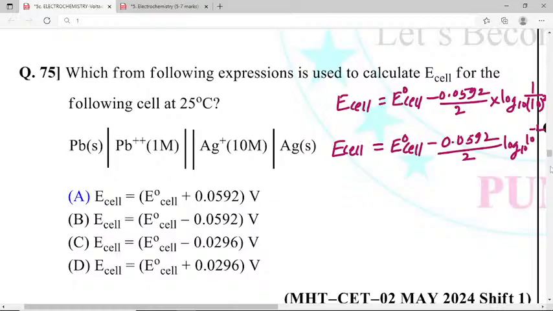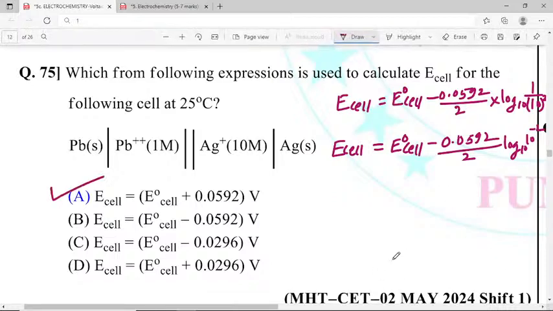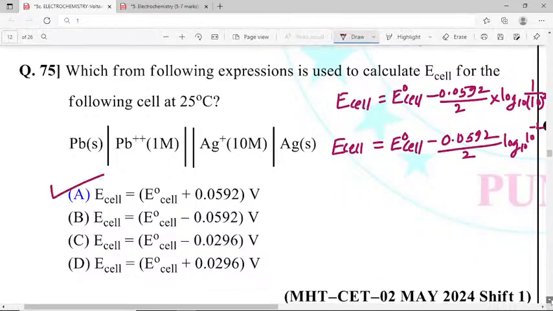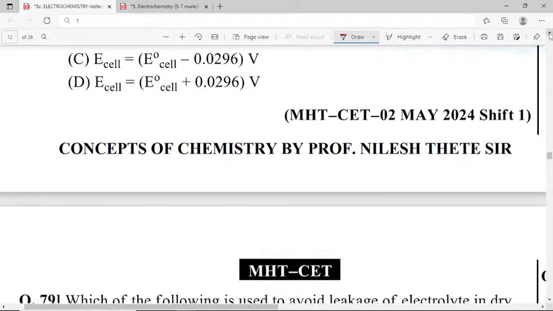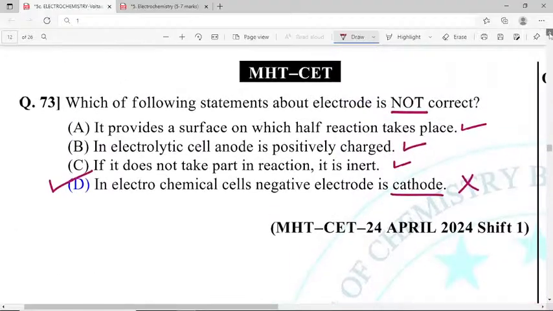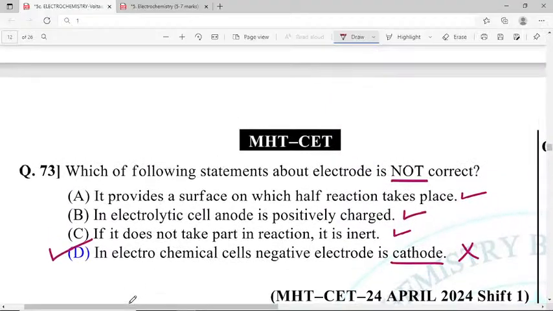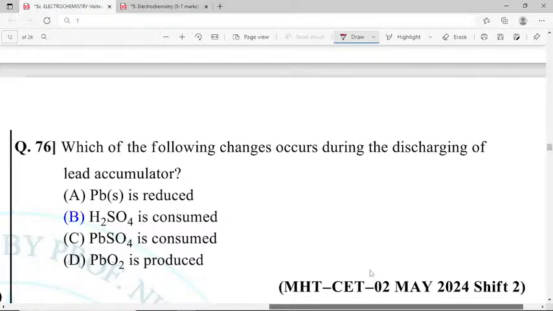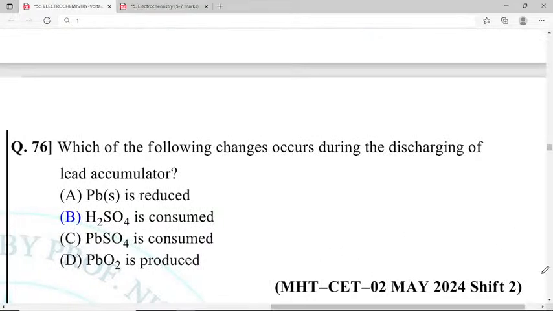So minus 2 gets cancelled and minus becomes plus. So this is your answer, 0.0592 volt, a positive value. The sign reverses, check, the sign changes. The negative becomes positive.